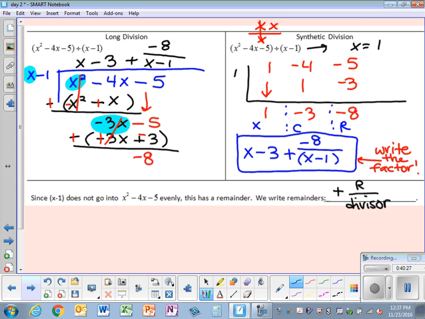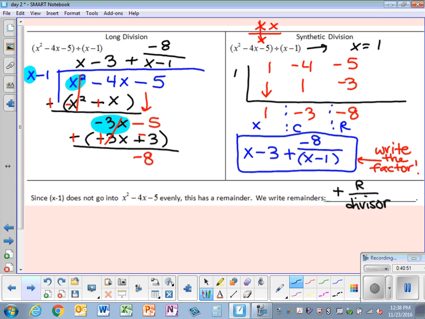I wonder if that's just something I do. Why do I put plus here instead of just saying minus 8 over x minus 1? I think I do that because of the bottom being a factor. I don't think it really matters.